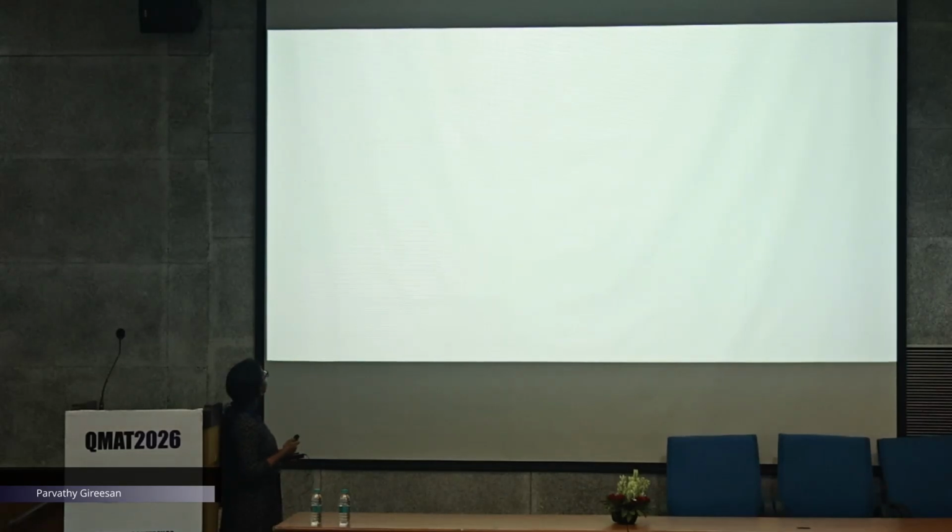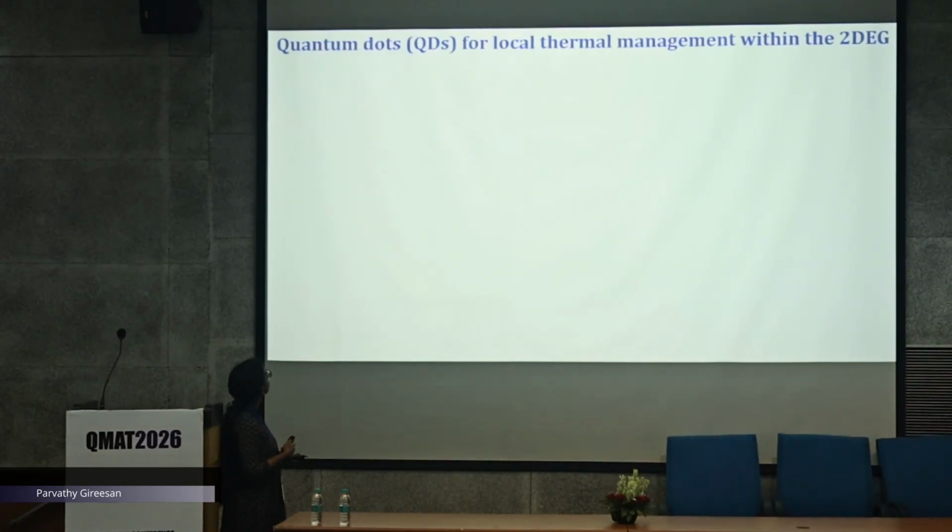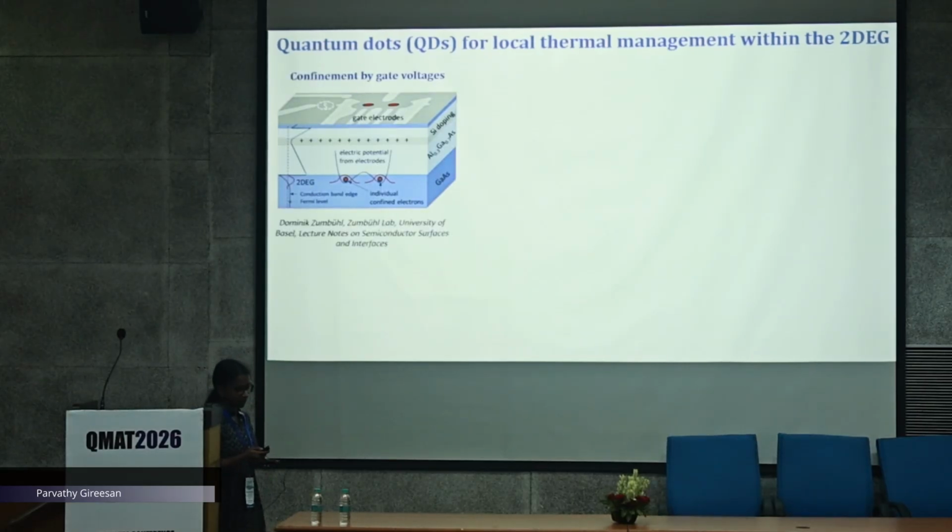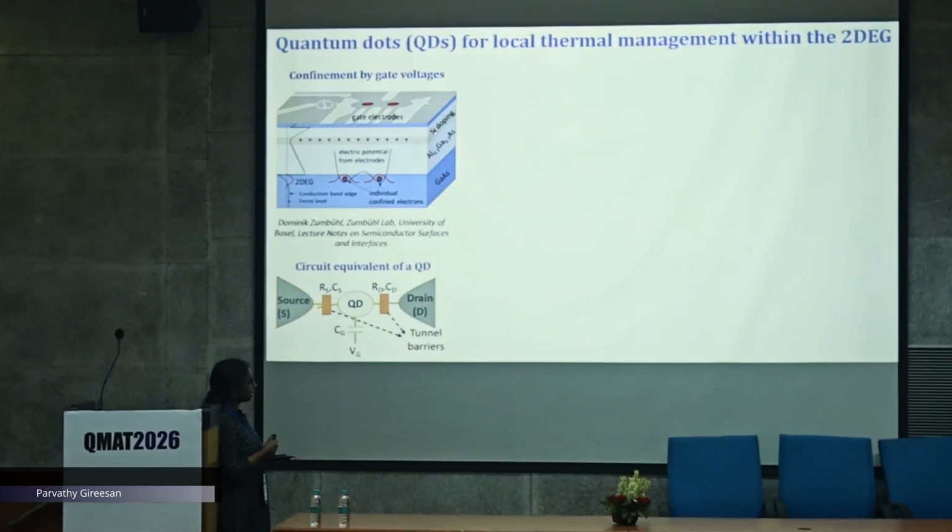So beyond improving the thermalization and filtering within the cryostat, other techniques for managing this heat are worth exploring. One alternative would be to take advantage of this weak electron-phonon coupling to redistribute heat within different parts of the 2DEG. We use quantum dots for this purpose. As discussed before, a quantum dot is confined in all 3 spatial directions, hence giving it a discrete energy spectrum.